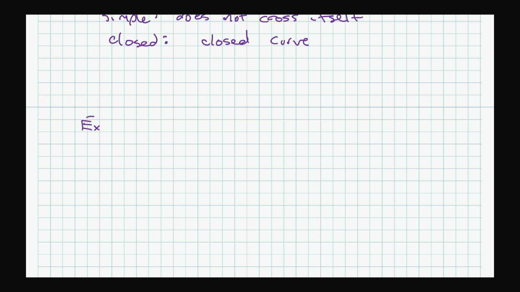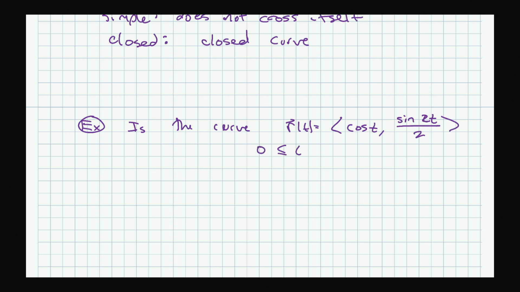Here's an example. They say, is the curve R of t equals cos t, sine 2t over 2, with 0 less than t less than 2 pi a simple closed curve?